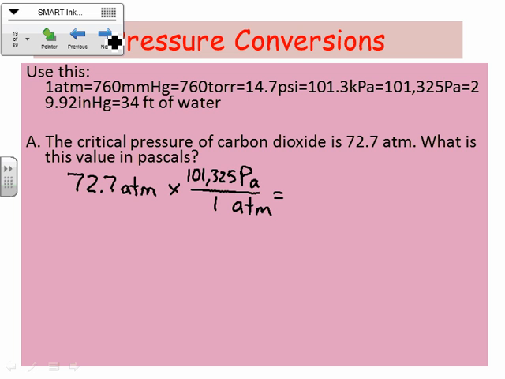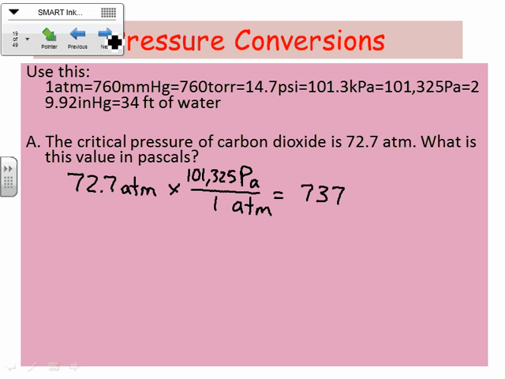Pay attention to the time. Okay, so then all you do is take 72.7, you multiply that by 101,325. And we've got to pay attention to our sig figs here. Did I put that in right?